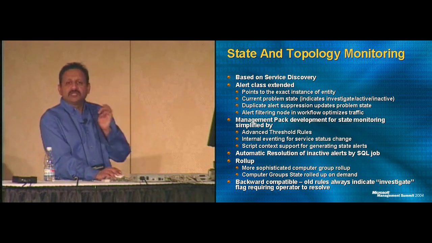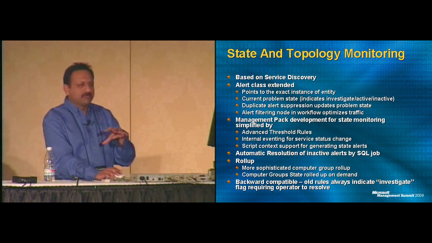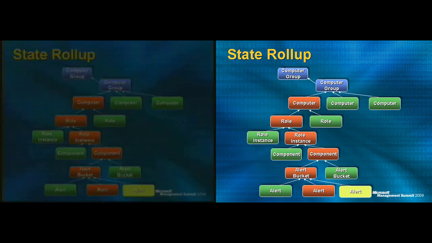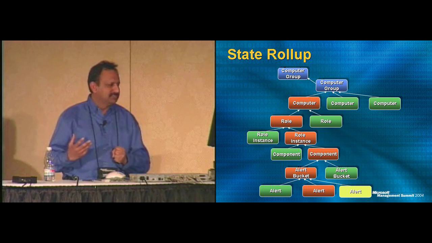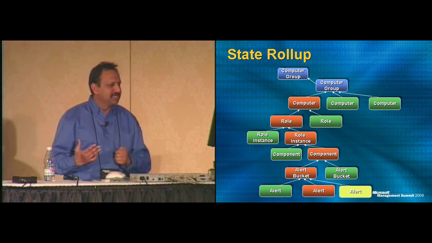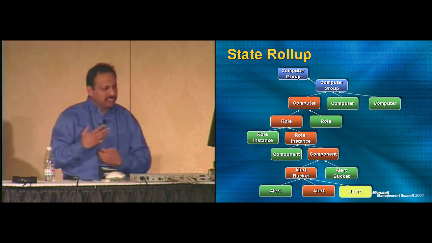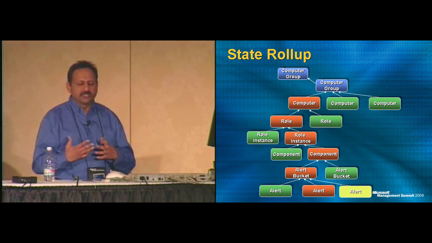The big thing to understand, of course, is roll-up. So let's go to the next slide to see how that works. So this kind of a computer group contains computers, that contains roles, which then contains role instances, which then contains components. And I'll explain this idea of an alert bucket, but ultimately alerts are pointing to the components.